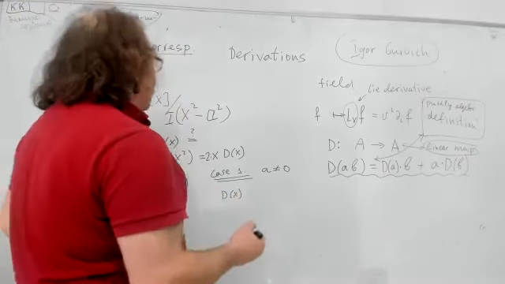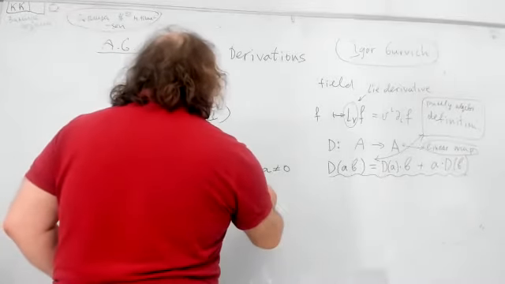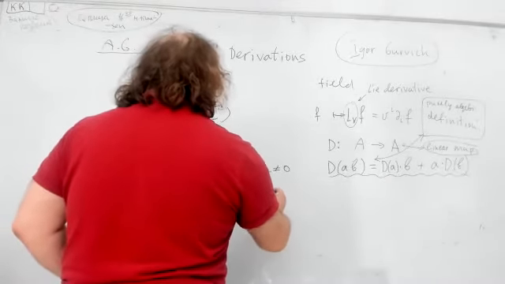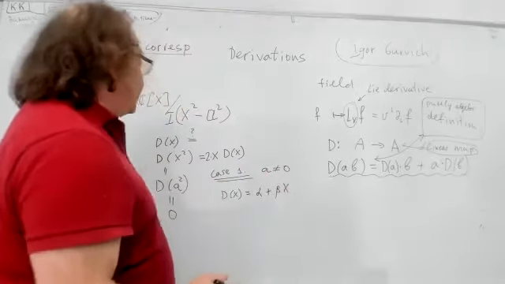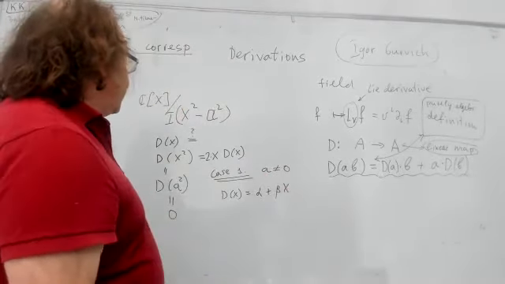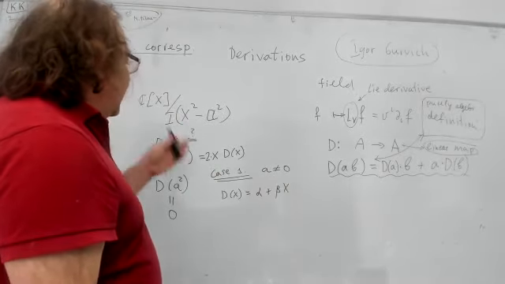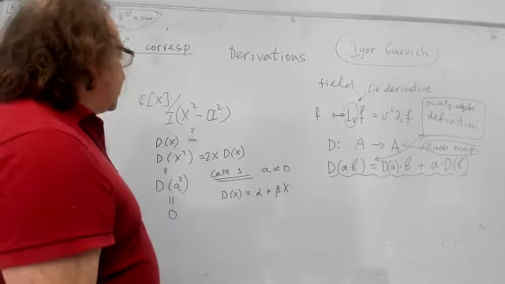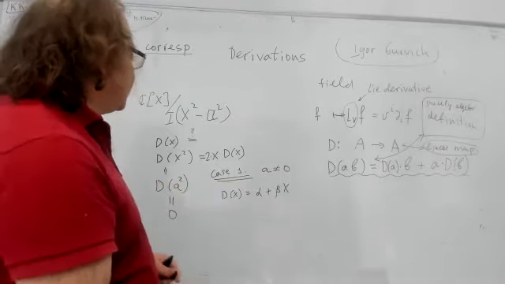What could D of x be? It could be alpha plus beta x, right? Let us substitute. We don't know this alpha and beta yet.